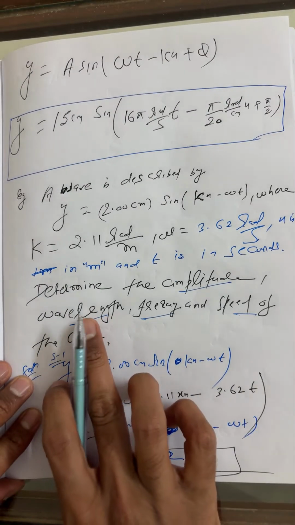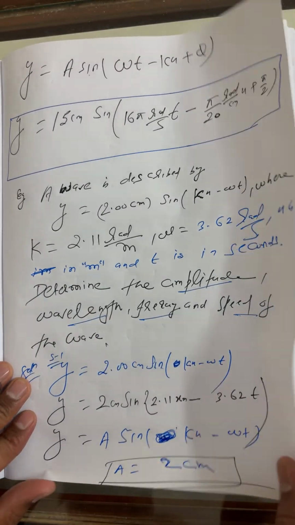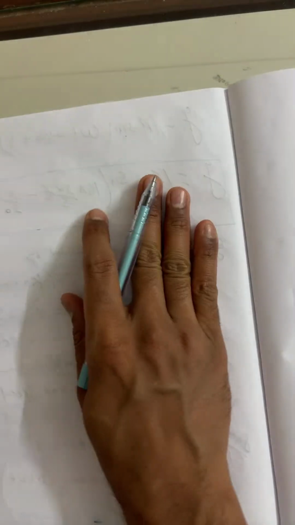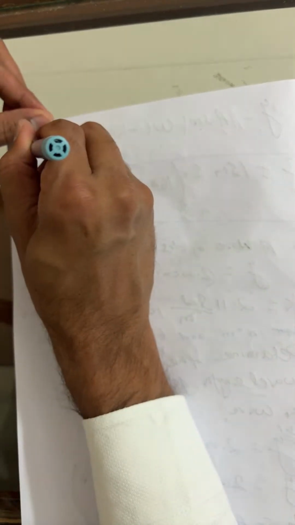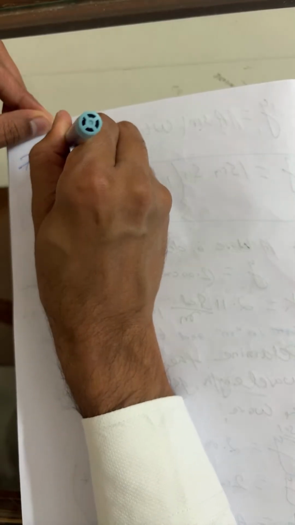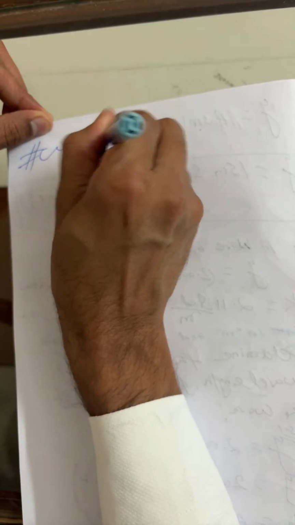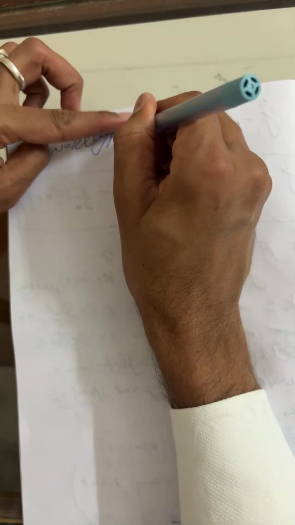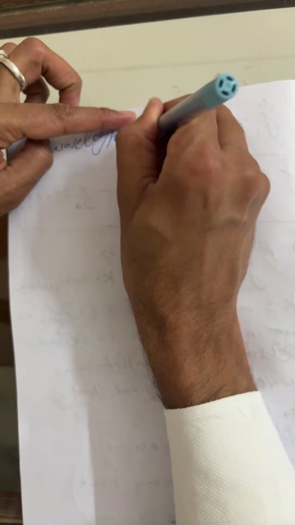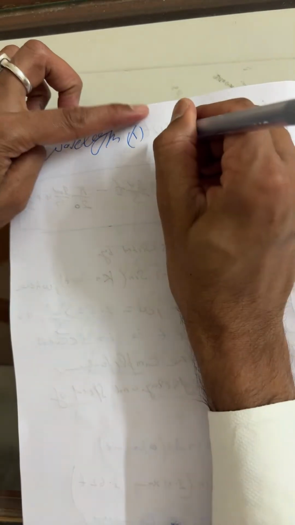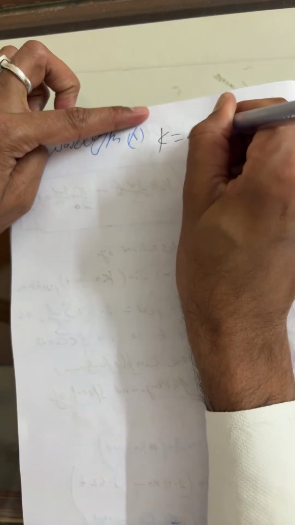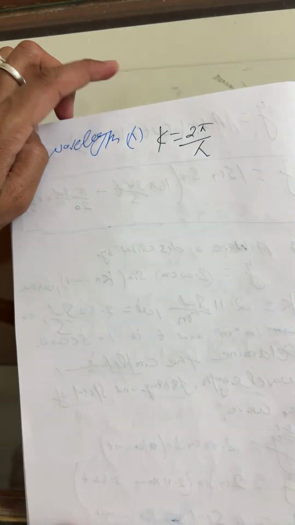Next, we wish to find the wavelength, which is lambda. For k, I hope you remember, k is equal to 2 pi by lambda.